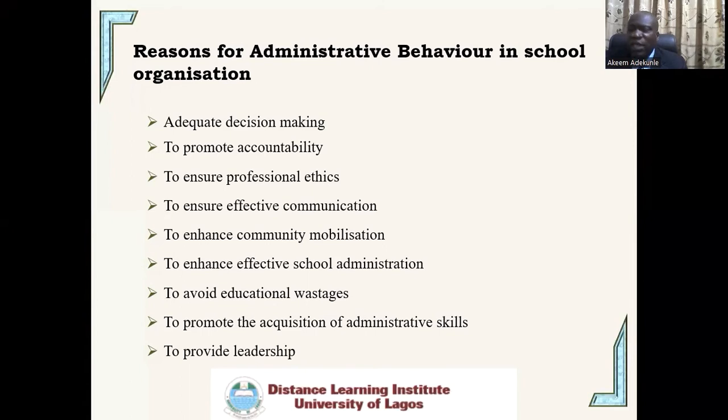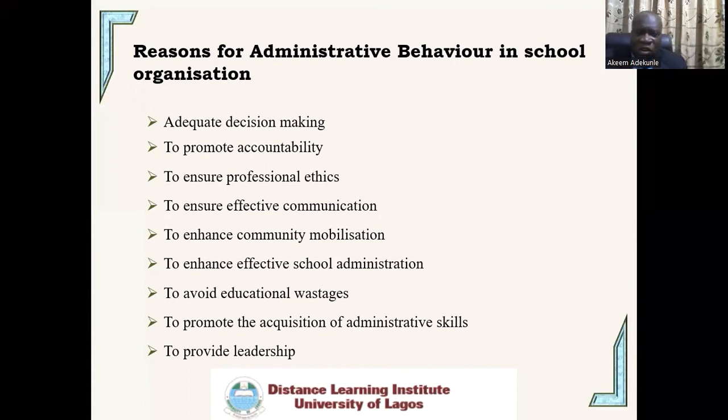And with this, there will be effective administration when there is effective leadership, because leadership is very important in enhancing goal attainment in any organization.